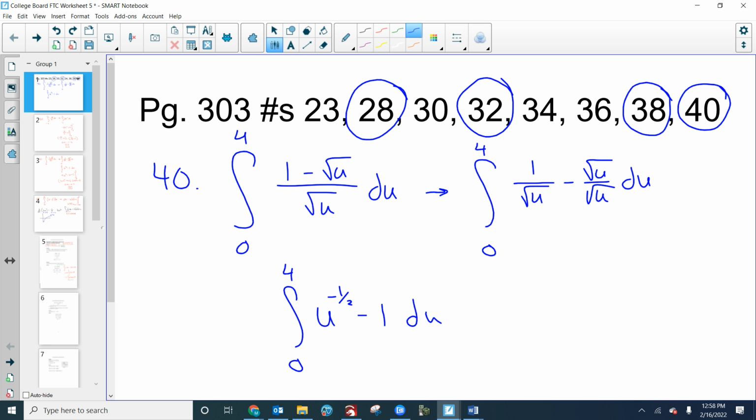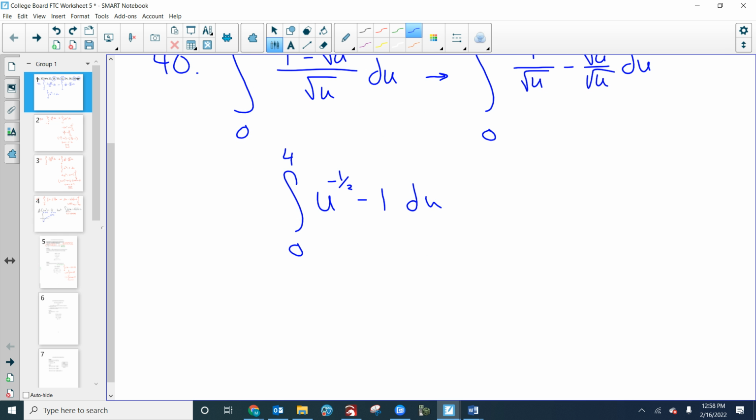Okay? We add 1 to the exponent. Add 1 to negative 1/2, we get, careful there, add 1 to the exponent, we get u to the 1/2. And then divide by 1/2. Same thing as multiplying by 2. Minus, what's the antiderivative of 1?